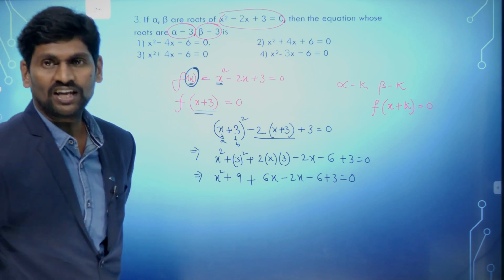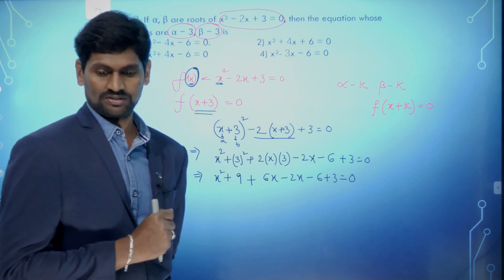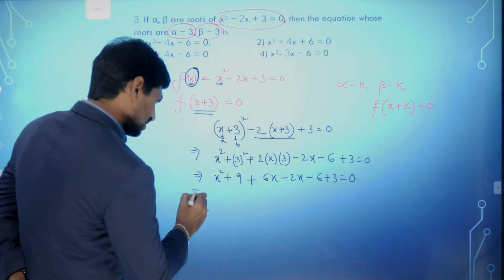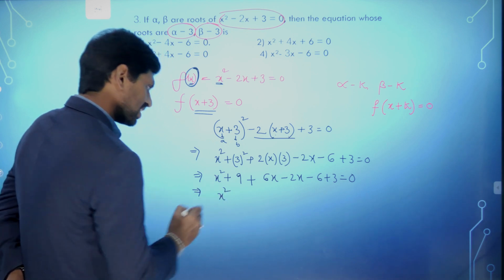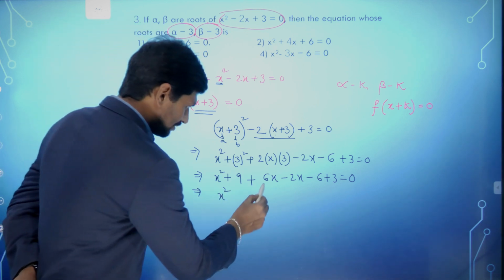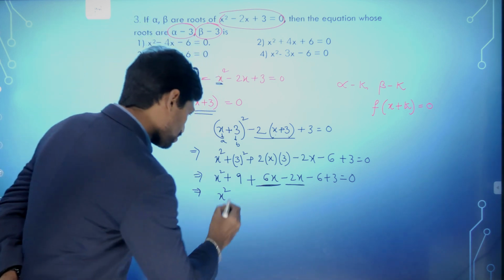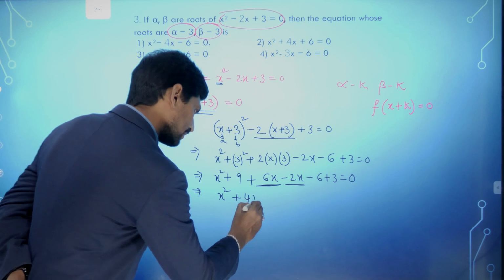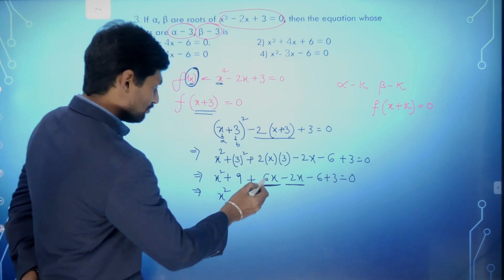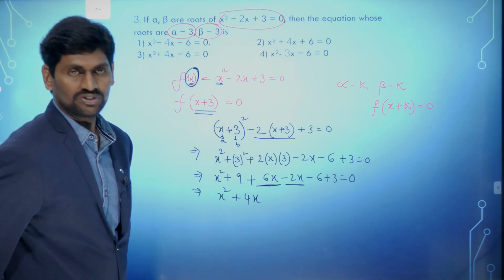Simplify, that means add or subtract the like terms. X square is only one single term, we cannot change it. Now check the x terms, plus 6x minus 2x. 6x minus 2x is 4x. 6 is bigger than 2, so the 6 symbol is positive, you will get 4x as positive.